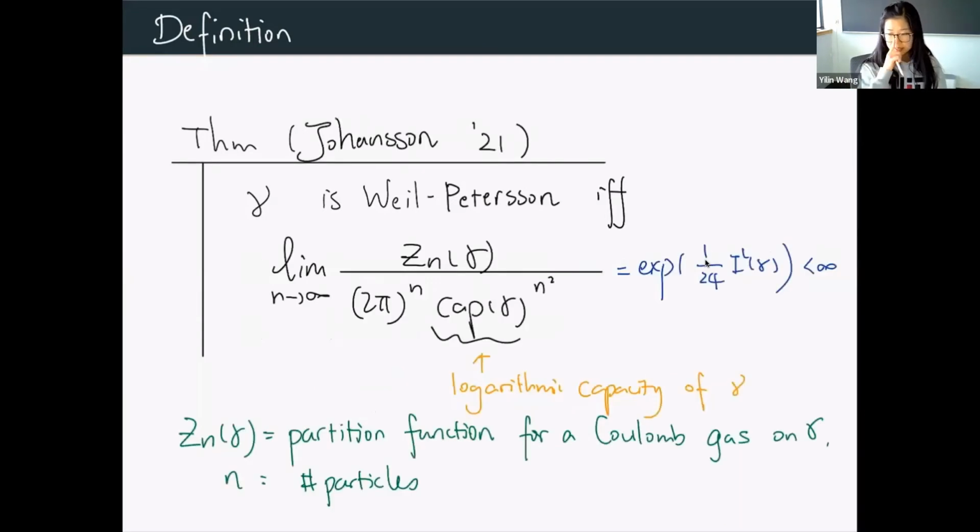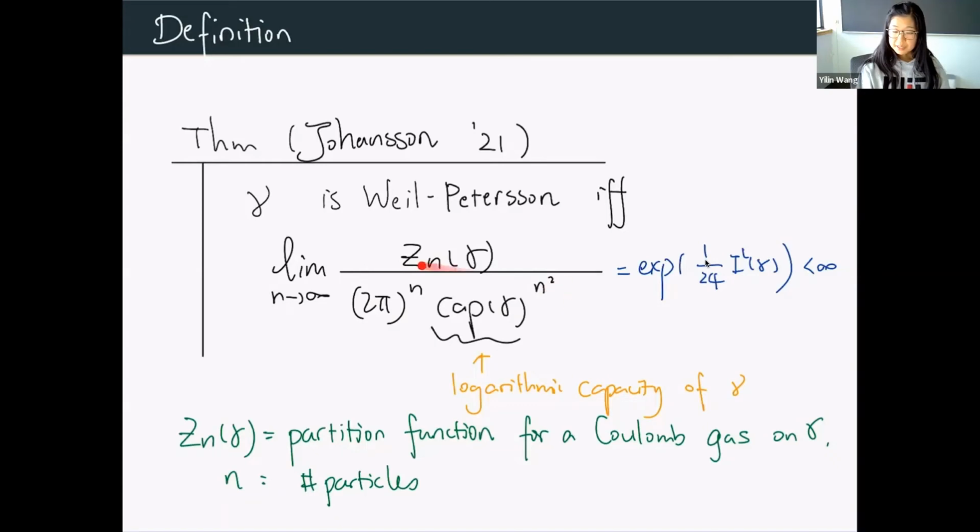And more recently, a result by Kurt Johansson shows that there is some relation to the Coulomb gas as well, that Zn is the partition function of the Coulomb gas on gamma, with n being the number of particles. And this partition function actually blows up when n goes to infinity, like 2 pi to the power n, times capacity to the power n squared.